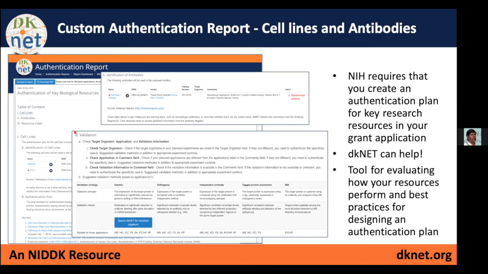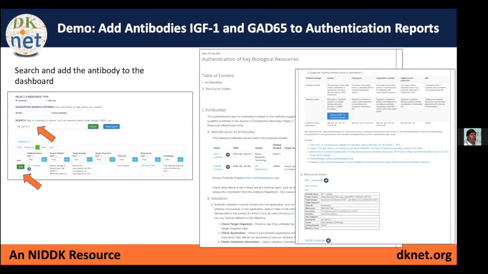And then we link you to and provide information on, for example, validation methods to assist in your generation of any reports for the NIH. This is something very easy to do in terms of the tools that are provided. So you can search within the reports themselves and add the information, or you can do it from the web page for a resource itself.